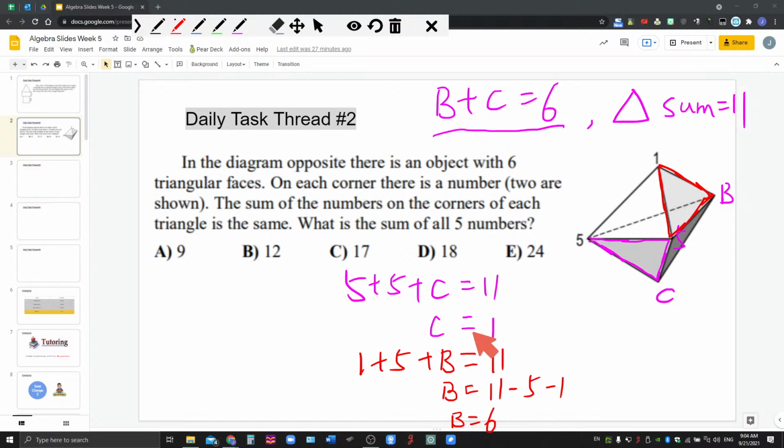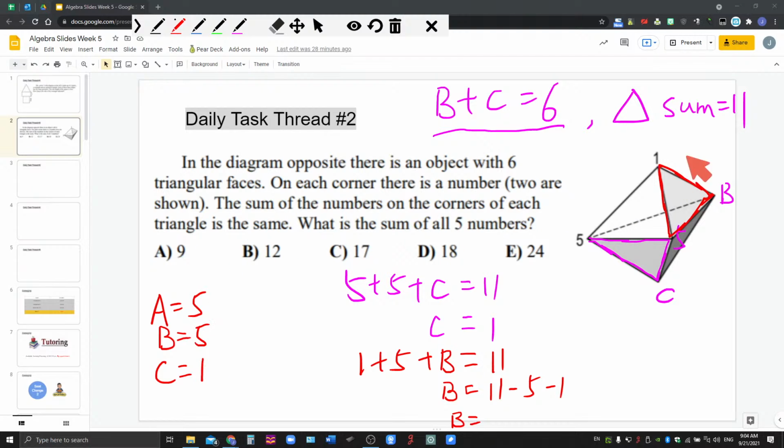If we write it down, now we have the answers. A is 5, B is 5, and C is 1.